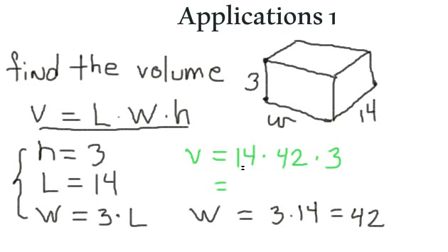You can plug that into your calculator and get that number. So I get 1,764, and because everything was in feet here, this is going to end up being cubic feet.